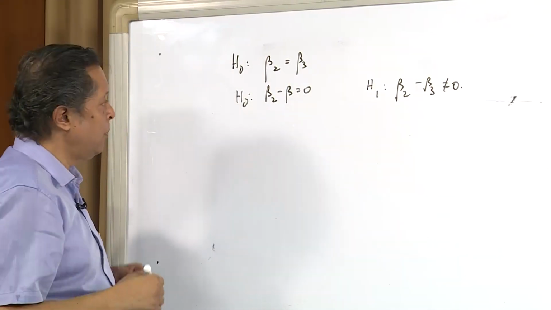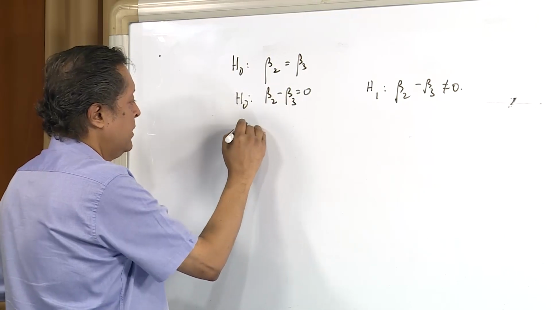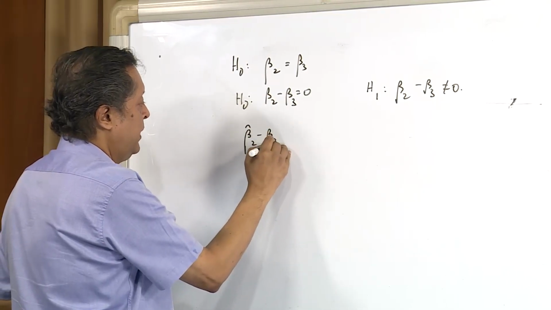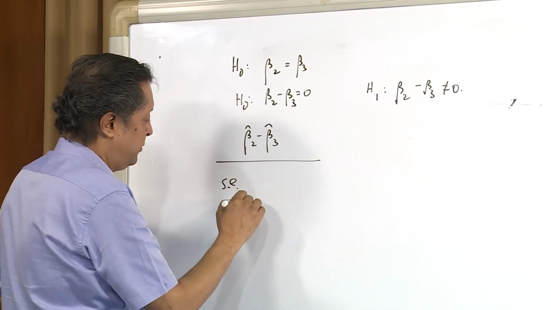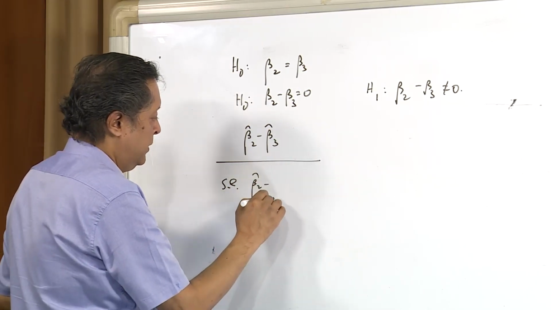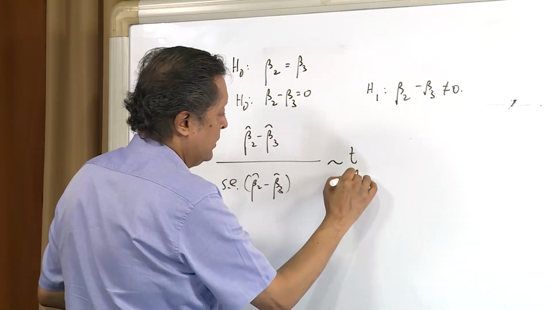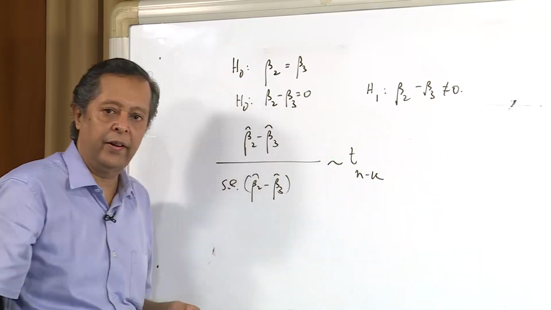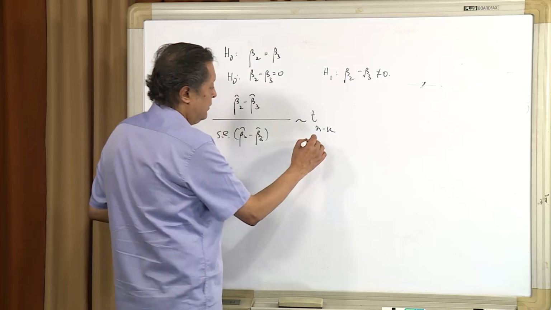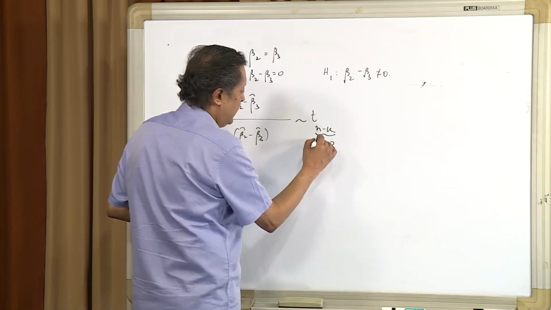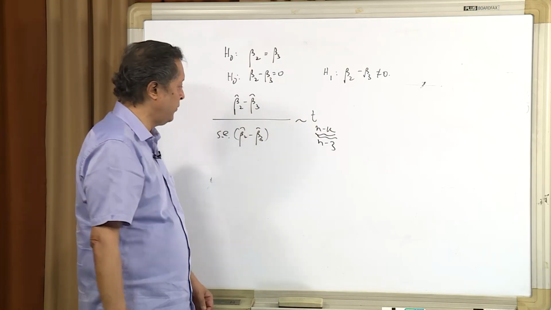So, we come back to the format, that is, beta 2 hat minus beta 3 hat divided by standard error of beta 2 hat minus beta 3 hat will follow t with n minus k degrees of freedom, or if it is a 3 variable model, this would be n minus 3 degrees of freedom. For a k variable model, it will be n minus k degrees of freedom.